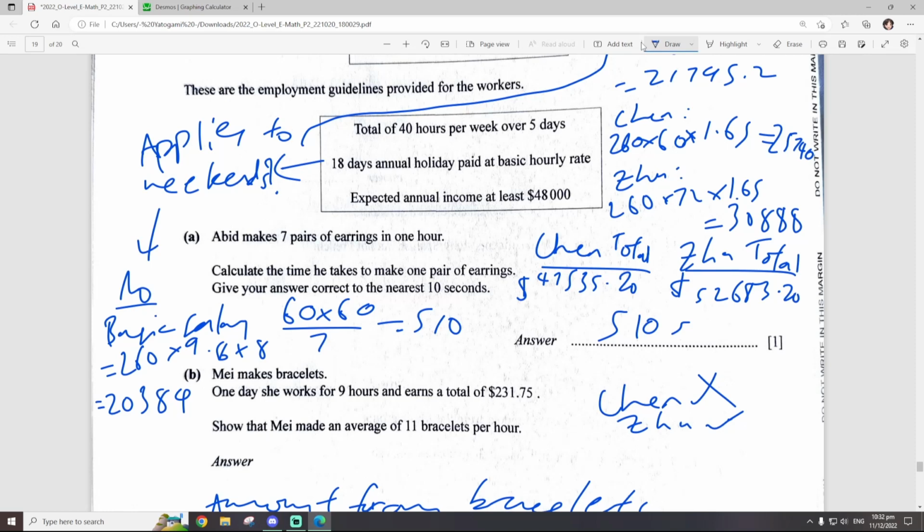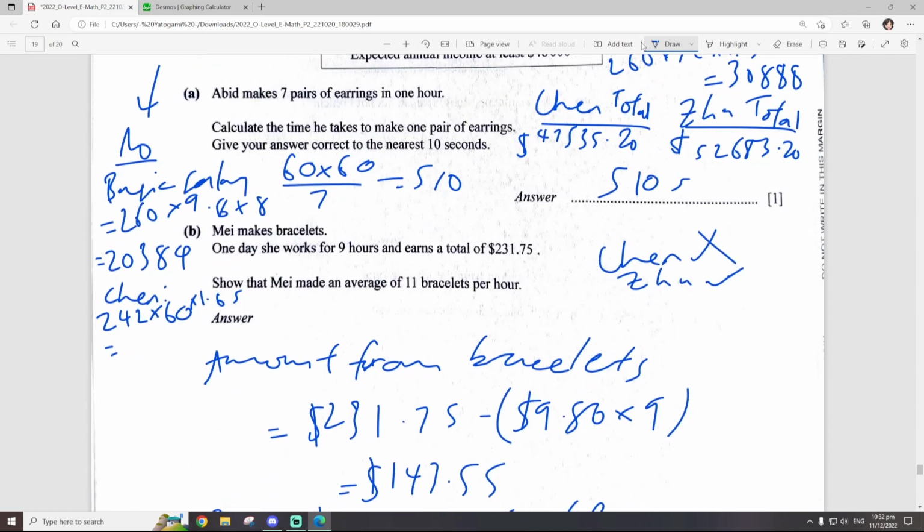Now Chen's salary that you make from the necklace. Now you're working 242 days, so 242 times 60 times 1.65, which is 23958.